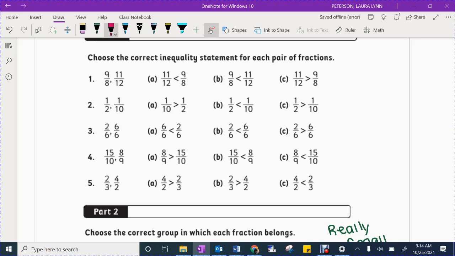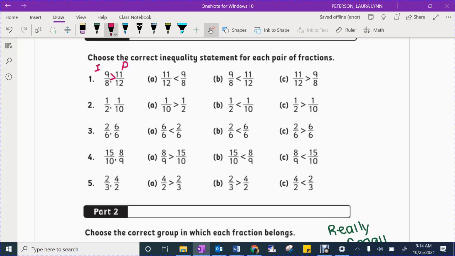Well, 9 is bigger than 8, which makes this improper. So I'm going to draw an I next to that. 11 over 12. Well, 11 is smaller than 12. That makes this proper. And alligators always eat improper fractions. So we have to look at our answer choices where the alligator is eating 9/8.